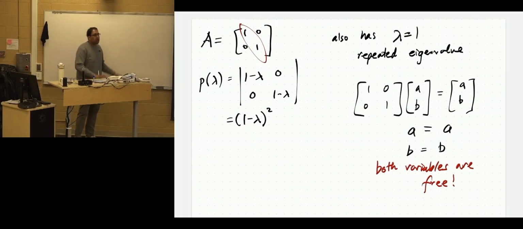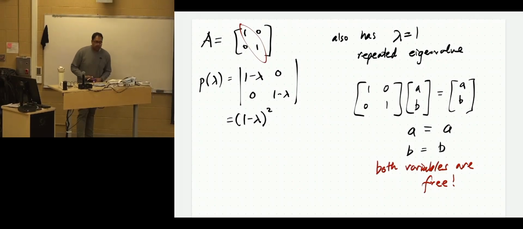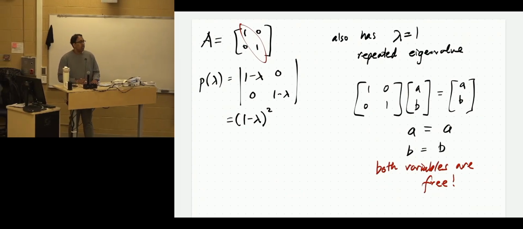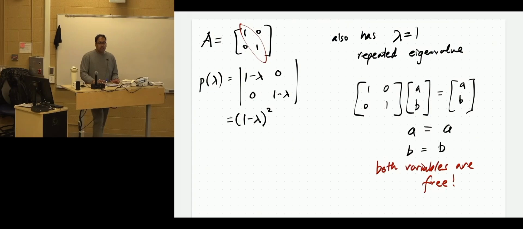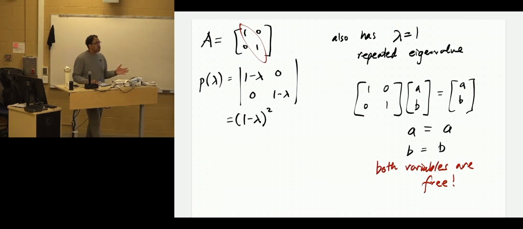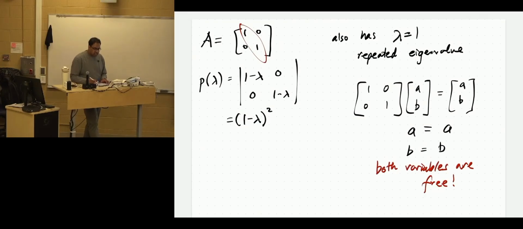Which means it doesn't matter what a and b are, the resulting vector, (a, b), is an eigenvector of A. Everything is an eigenvector of the identity matrix, 1, 0, 0, 1. Okay? So does this matrix have two linearly independent eigenvectors? Sure it does. Because to span the set of all of its eigenvectors, I can do that using (1, 0) and (0, 1). Or I could do it using any two linearly independent vectors in R2. Okay?